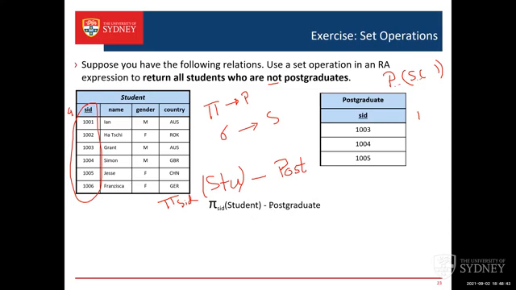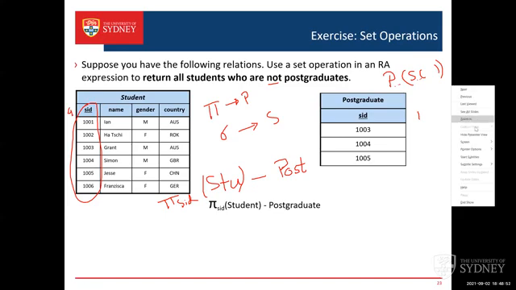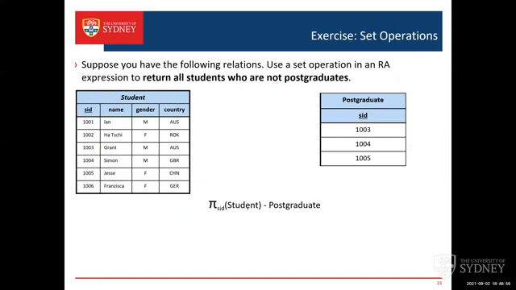Someone wrote projection on SID on postgrad, that's fine. But in here, since we have only one attribute, I don't need to do that. But if you do that, that's fine as well. Hopefully that makes sense. This is what we are going to write. From the student, first project on SID, then perform the set operation with the postgrad table. And that's how we can figure out who are not postgrad students.